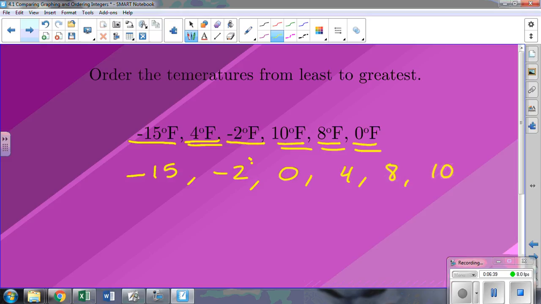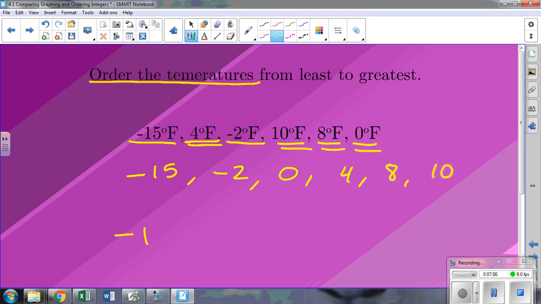And I'd like to point out one thing that's not good about what I did here. I put the numbers in order. These have a specific context. These aren't just numbers. These are temperatures. And we were told not to order the numbers, we were told to order the temperatures. And so although I have the correct order from the numbers, by getting rid of the labels, I've actually made a mistake.